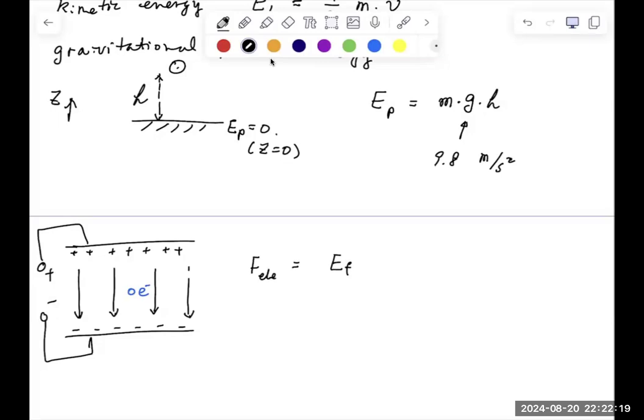And then let me just use the words instead: charge times the electrical field. And the units: the charge unit is the coulomb, times the electrical field, which is the volt per meter.